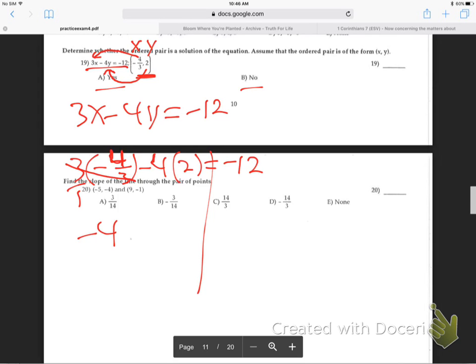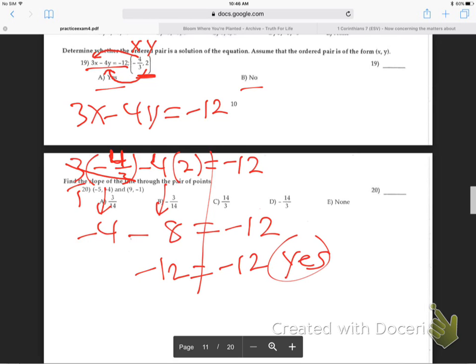So that's just going to be -4 minus 8. These become -4, and 4 times 2 is 8. -4 over 1, but you don't need to show the over 1 anymore. It's just -4, and -12 is -12, yes. That one's in, yes, true. It makes it true, doesn't it? Or you can use your calculator. That could be all button pushing if you want.